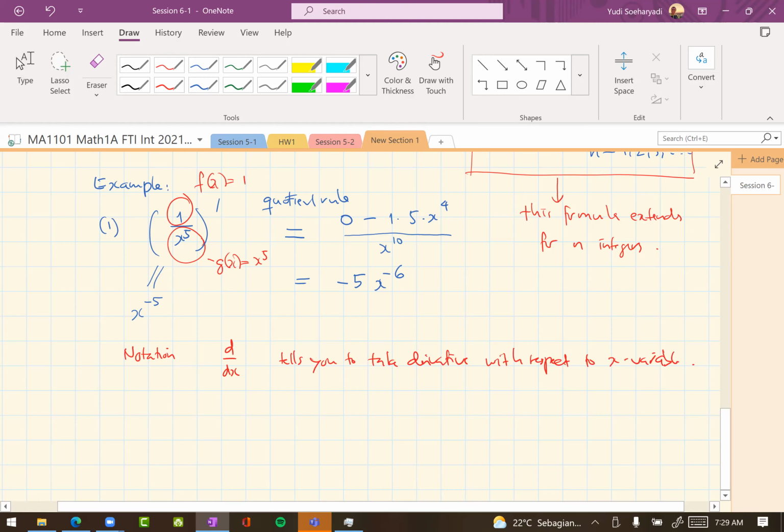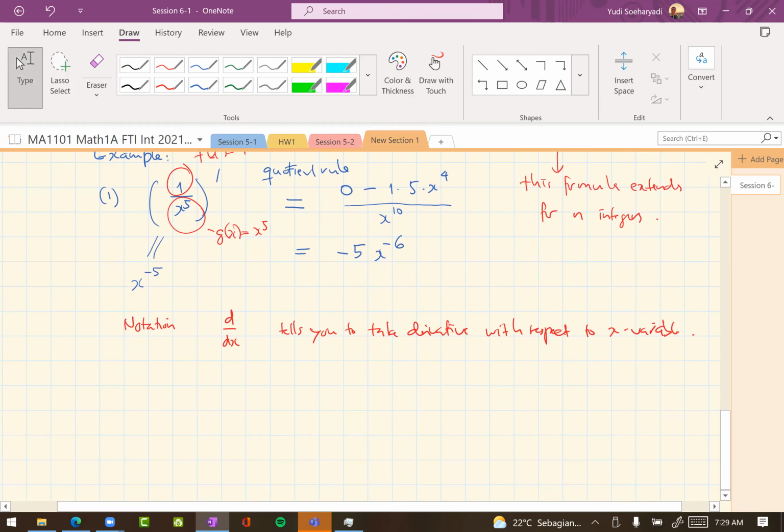So it's the same as this one. Given a function f, the derivative is f prime, or you can say d/dx of f, and sometimes we write this as df/dx.